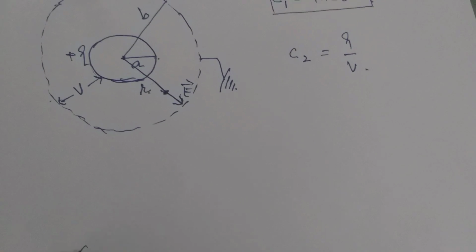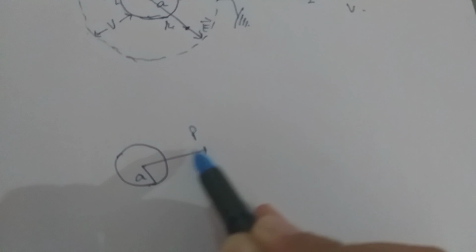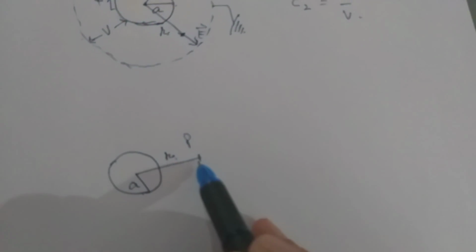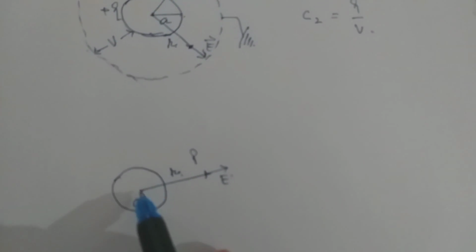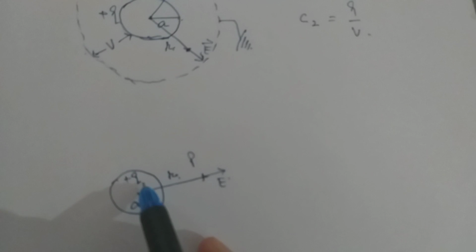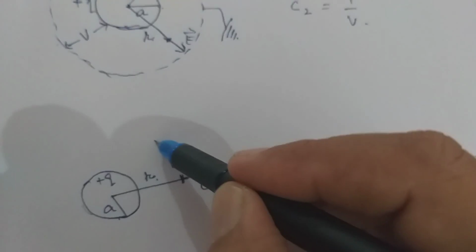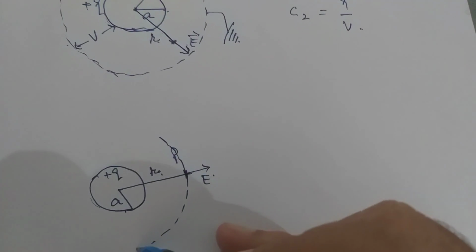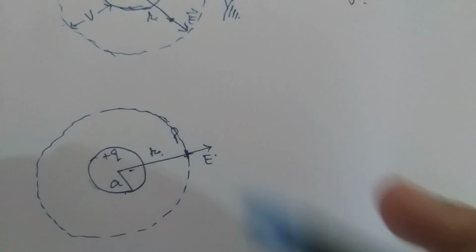Suppose we are given this inner spherical conductor of radius A. P is the point at a distance r where we have to find the field E. The charge on the inner conductor is Q. In order to find the field at point P, we will construct a Gaussian surface, that is an imaginary sphere of radius r.